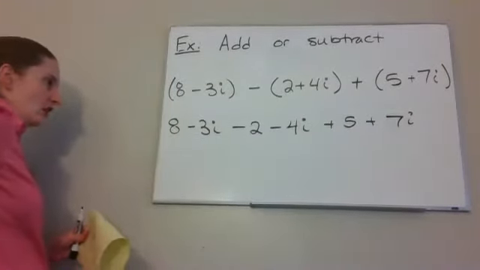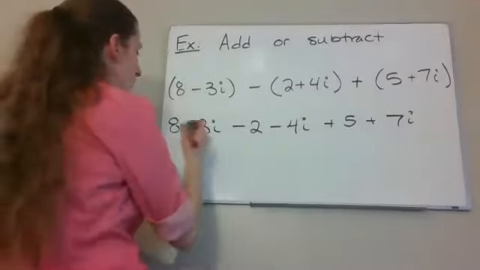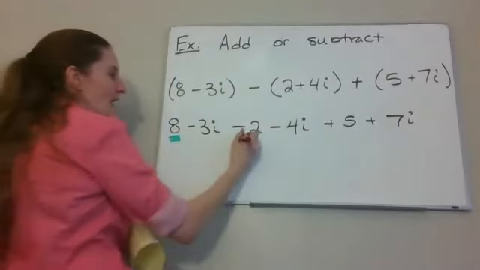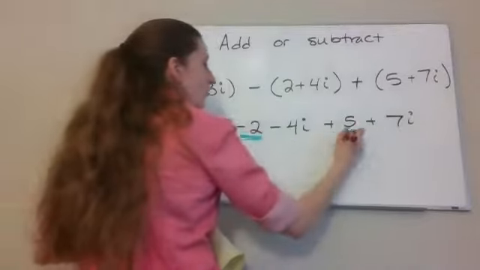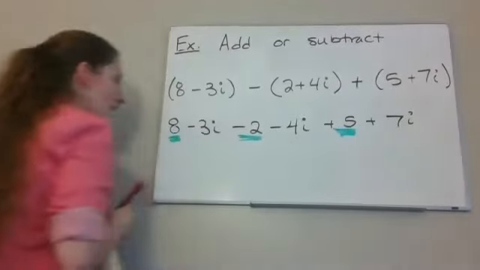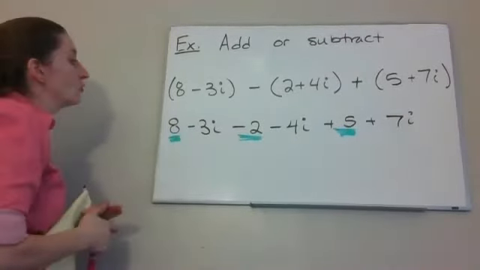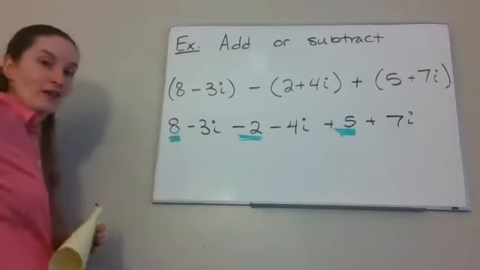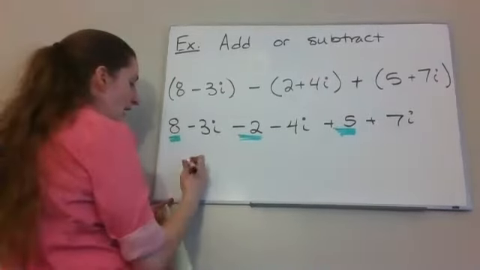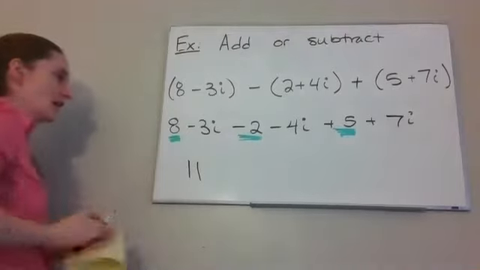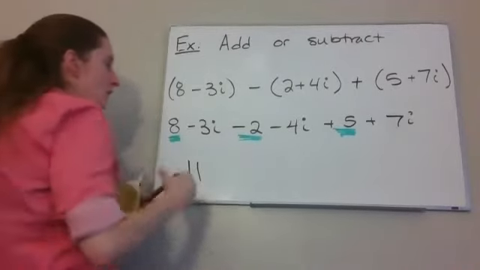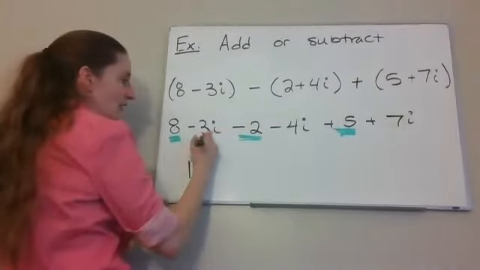So let's take a look at just the numbers that don't have i's. I have 8 minus 2 and 5. 8 minus 2 is 6, plus 5 is 11. So I know I have 11. And now let's look at the numbers that have i's.